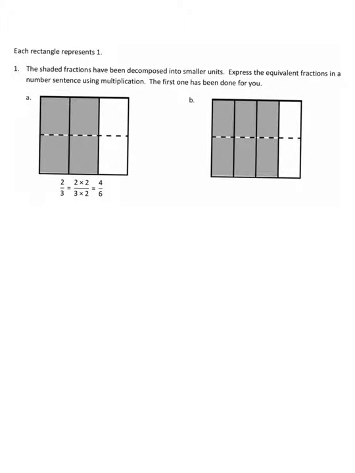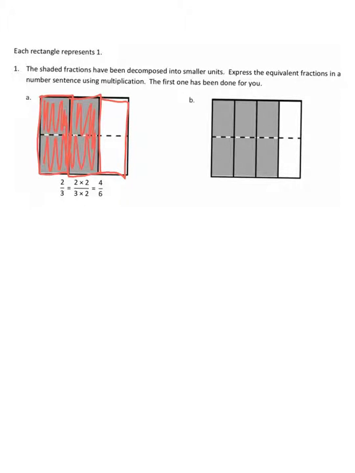If we look at the first one, before they started to cut it apart, it first started off into thirds. And this was shaded in, and then this was shaded in. So that represents 2/3.